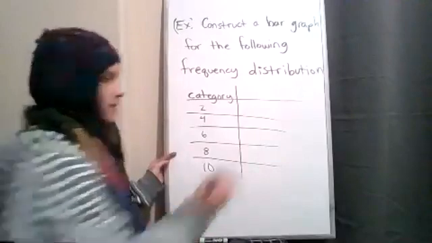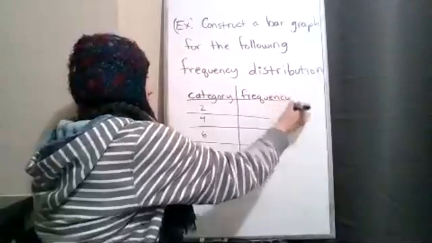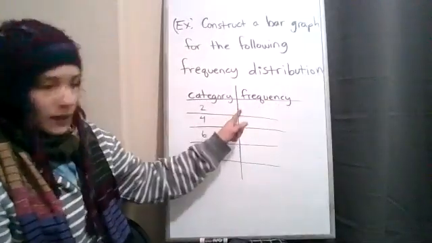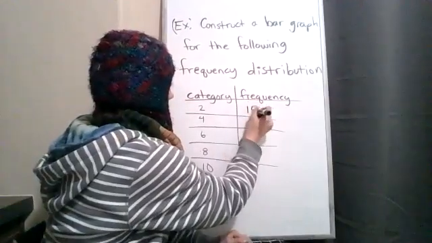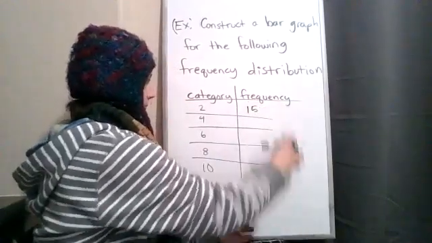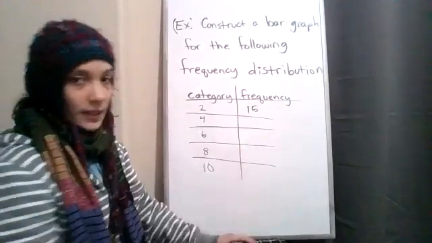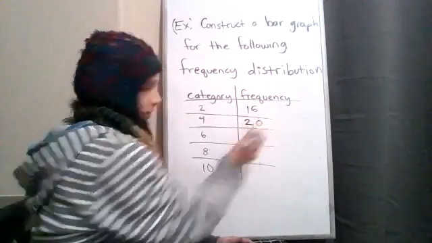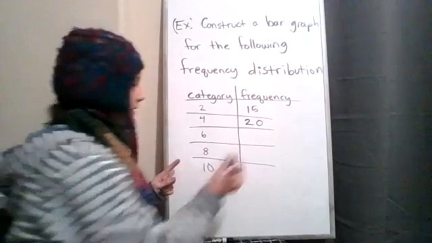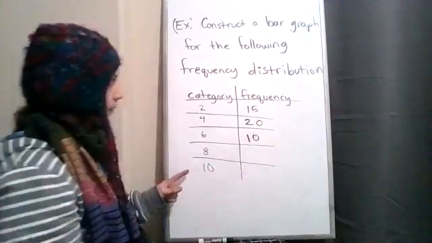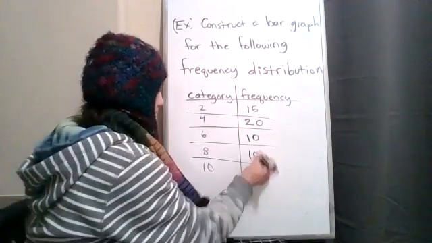And I give you frequencies. 2 occurred 15 times. 4 has a frequency of 20. 6 has a frequency of 10. 8's frequency is also 10. Last one there.